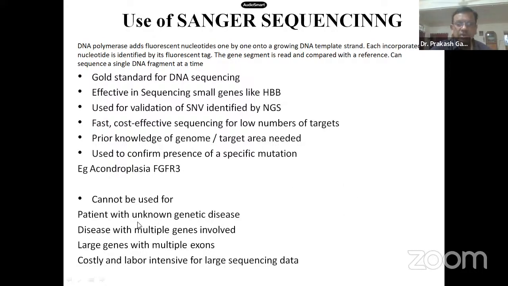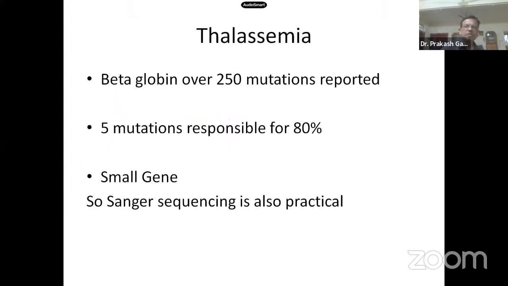So an unknown genetic disease we cannot study with this, but we can have novel sequences found through this Sanger sequencing. Unknown disease we cannot study with this. Diseases where multiple genes, as I said, a set of genes which may be responsible for a similar phenotype, or genes with multiple exons, I just now named a few of them, and it becomes very long for all these combinations.